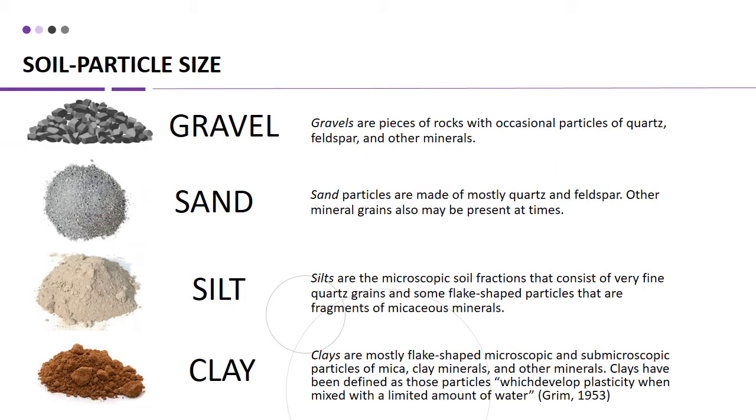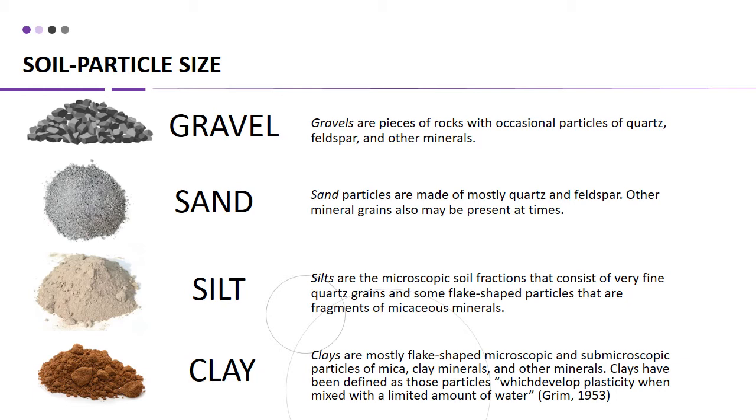So we have the four most common soil particles. First, the gravel. Gravels are pieces of rocks with occasional particles of quartz, feldspar, and minerals. Another particle size of soil is the sand. Sand particles are made of mostly quartz and feldspar.